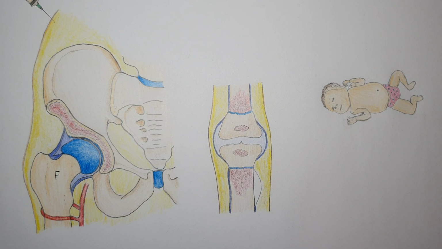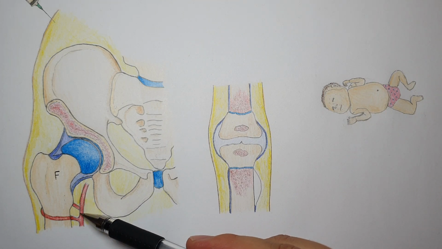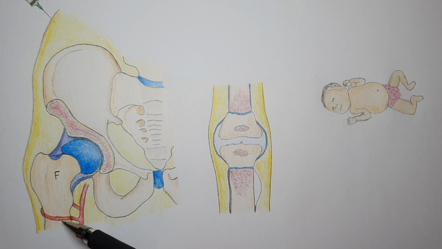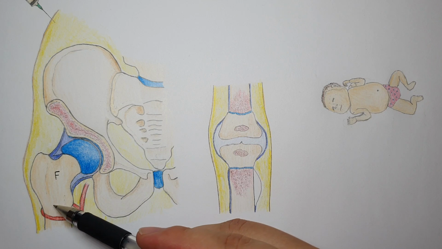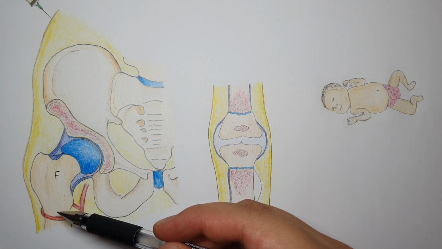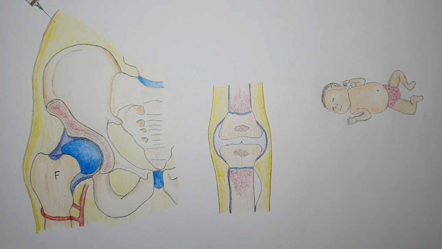So basically, via the bloodstream, bacteria comes to the metaphysis of the bone, and because of special properties of these very vascularized parts of the bone, the bacteria can lodge in there and multiply and cause osteomyelitis.